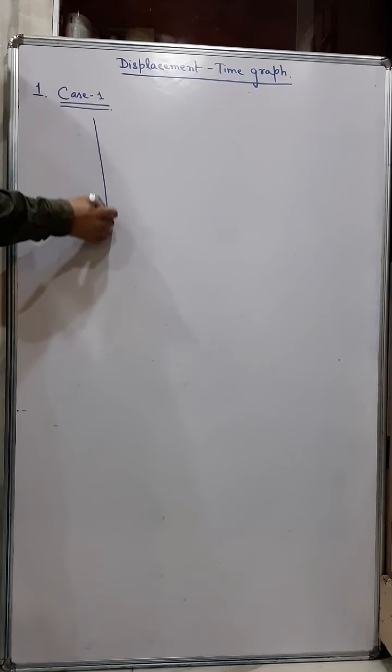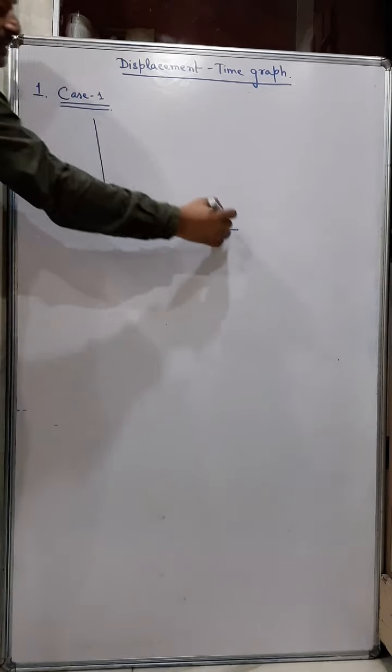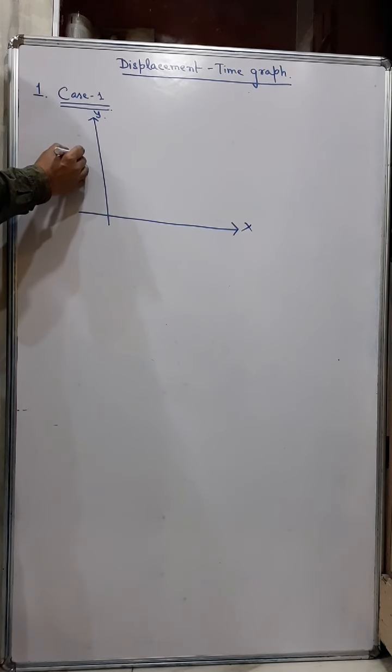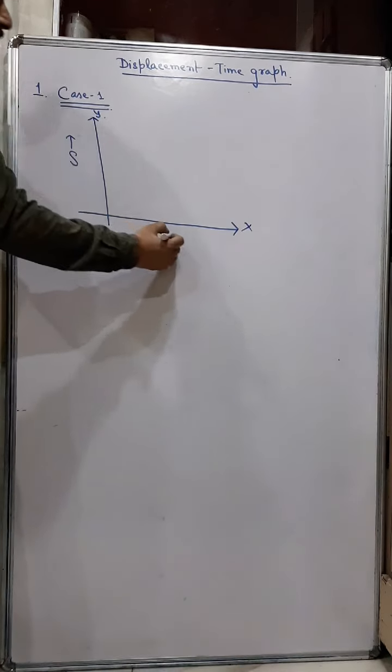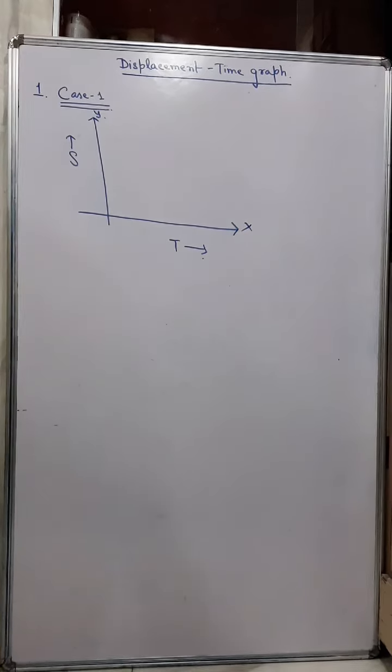Now, generally in a graph, since this is a displacement time graph, we use the x-axis as the time axis and the y-axis for displacement. So this is displacement, increasing in this way, and this is time, increasing in this way.